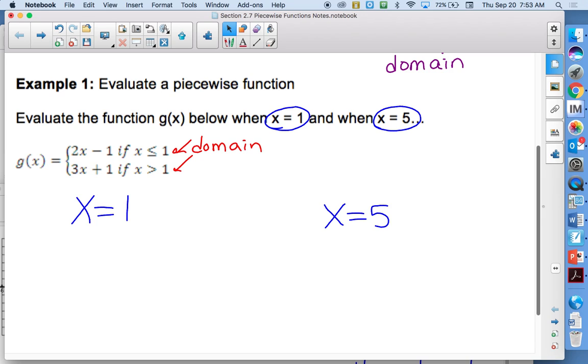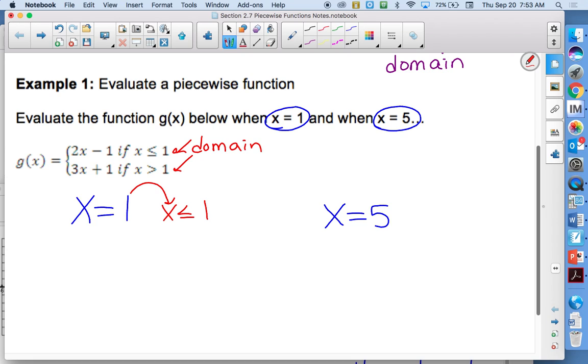So if x is equal to 1, which domain does that apply to? So look at the domain. Abby, which one does it work with? The first one. So x is less than or equal to 1. Well, if x is 1, 1 is less than or equal to 1.